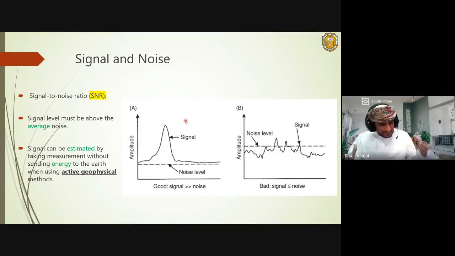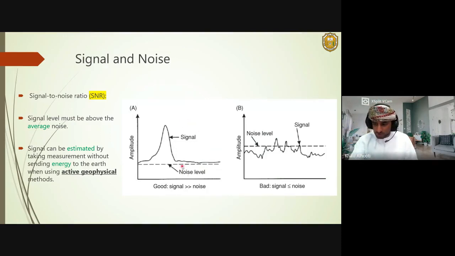So if the noise level is very high, it's better not to acquire data, because the signal you acquire will be of lower amplitude than the noise itself. The noise is saturating all your signal.